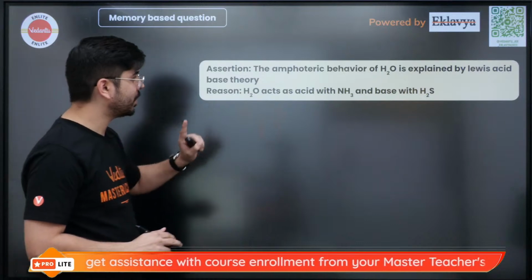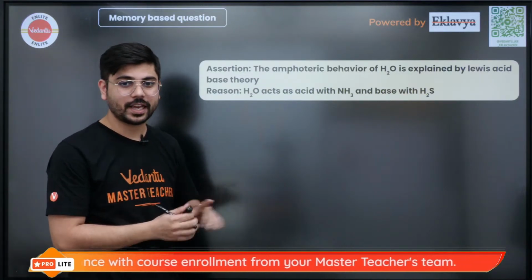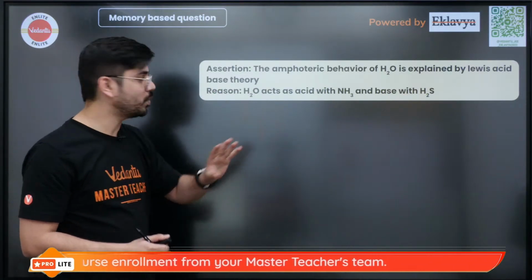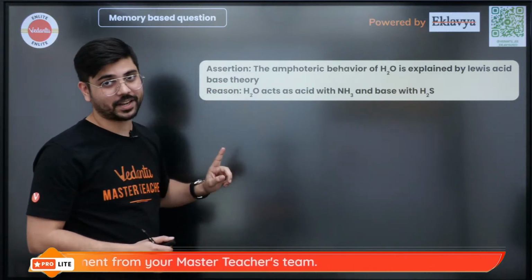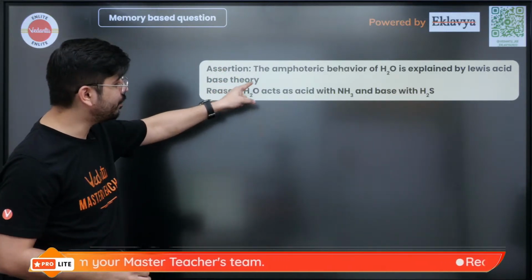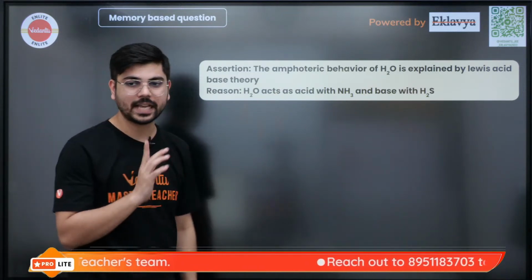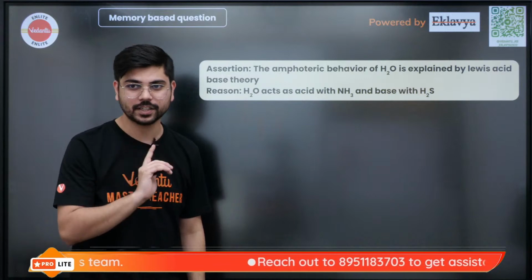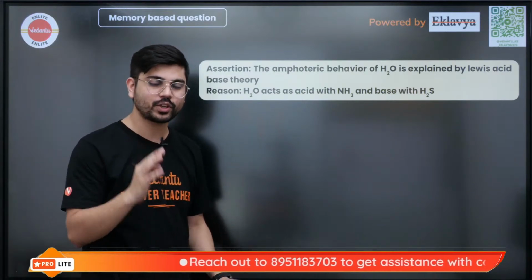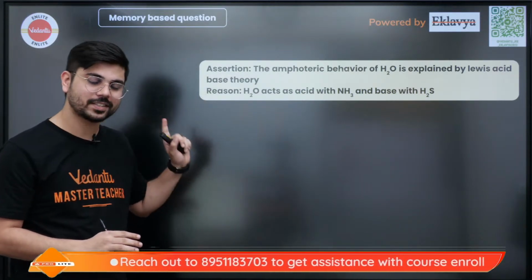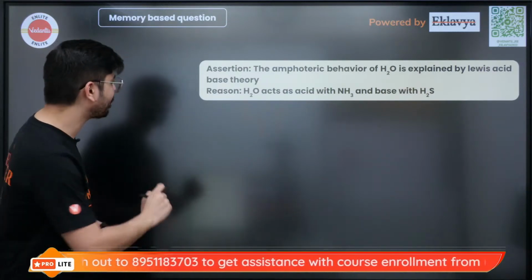The assertion here, now look at this question. They tried their best to make the student make a mistake. The assertion is: the amphoteric behavior of H2O is explained by the Lewis acid and base theory. Normally we would think this is a correct statement, but this is a false statement. I'll tell you why.